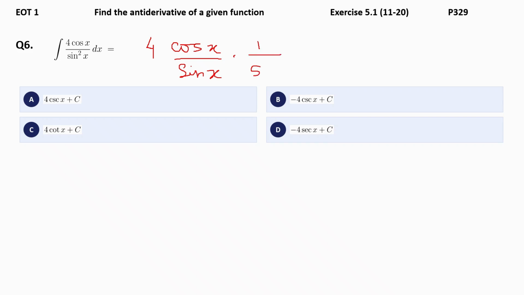So I didn't change the question itself, with the integral sign and dx. Now when you look back at the trigonometric ratios, it is nothing but 4 cot x cosec x dx.